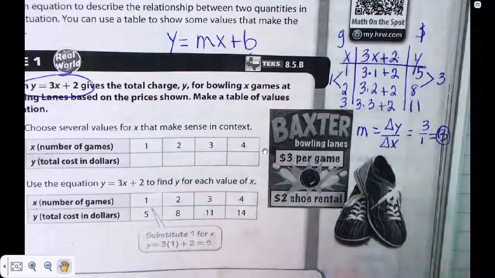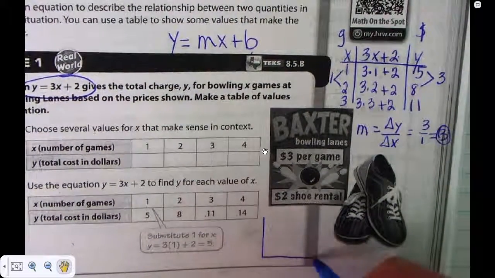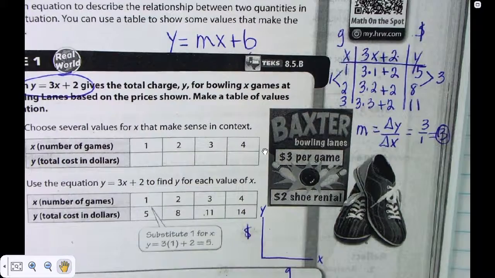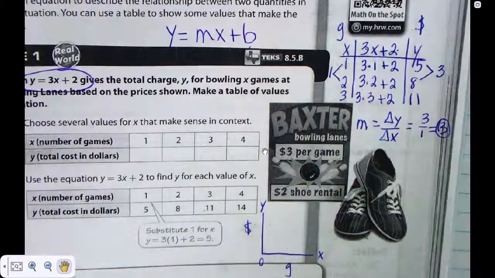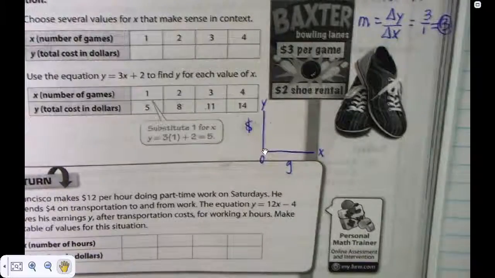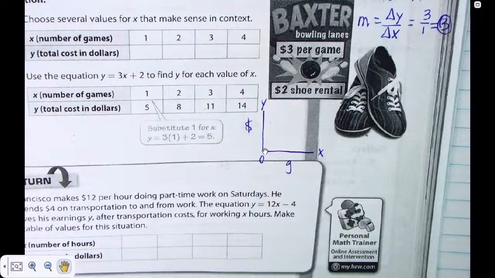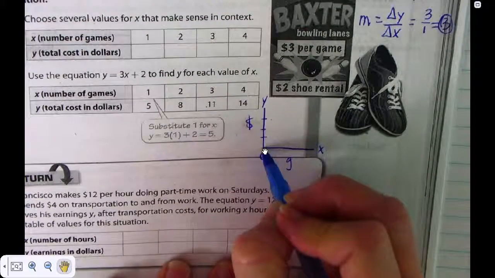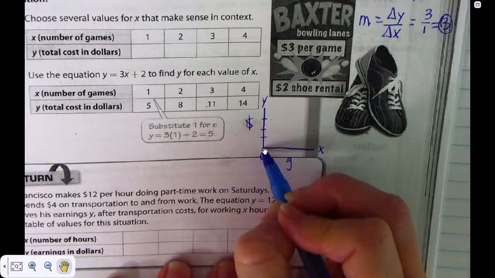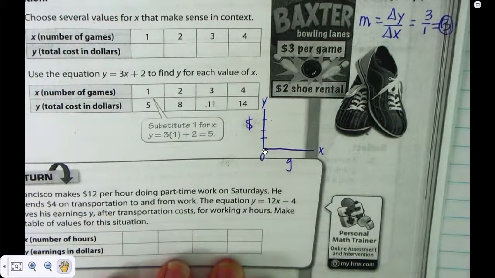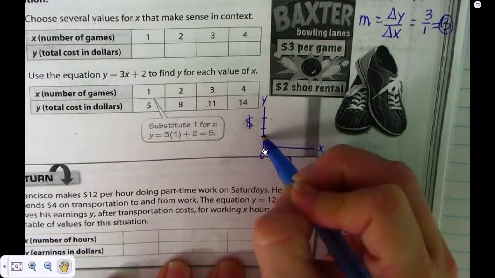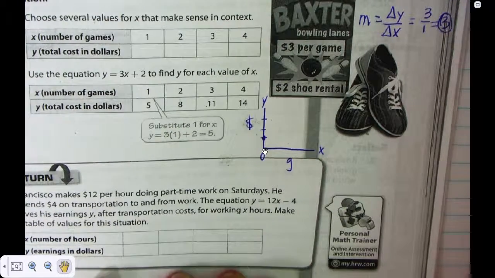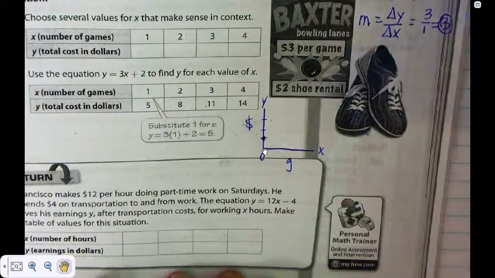So if I were to graph that, guys, look, I'm going to put a big L. X is the games, Y is the cost. Here's 0. Oh, let me move it up. So am I going to start at 0? Where am I going to start? At 2, right? Remember what they told you guys? That it's plus 2. So you're going to cross the y-axis at 2, at point 0, 2.